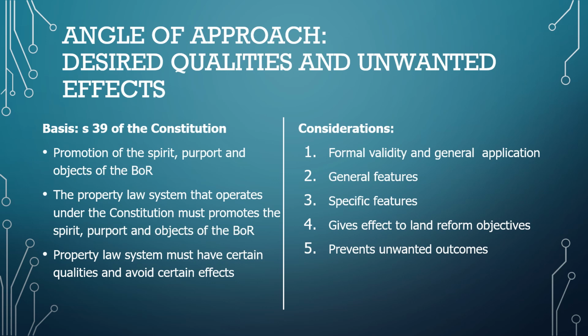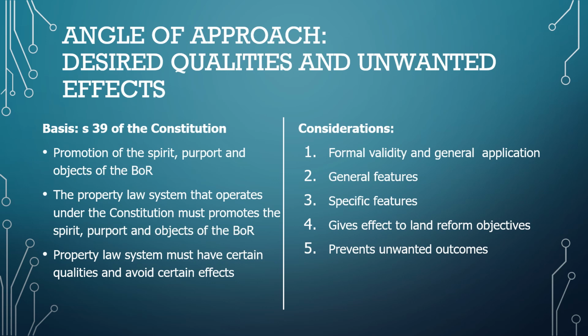The second consideration concerns the following. The source of law should also promote the general features or characteristics that we want to see in our constitutional democracy. Now, the general features concern the promotion and protection of basic rights in the Bill of Rights, such as, first of all, the inherent human dignity of every person as enshrined in Section 10 of the Constitution.